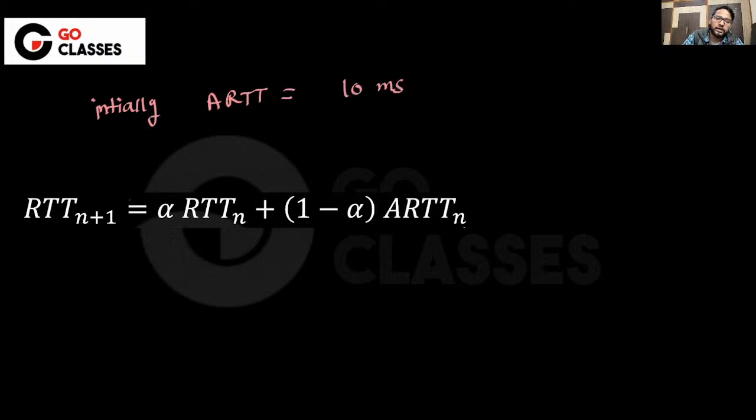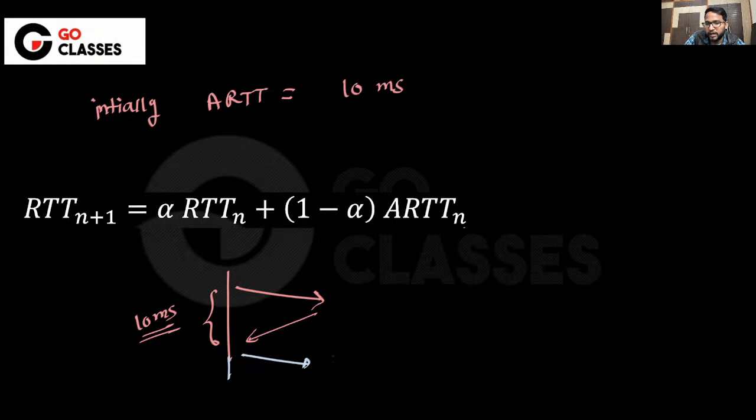Now you will say that, okay, I know that previously it actually came in 10 millisecond. And now you need to estimate the RTT for this. How will you do it? Since you do not know anything else, you just know that previously it came with 10 millisecond. So you just estimate it to be 10 millisecond for now, just for one iteration.